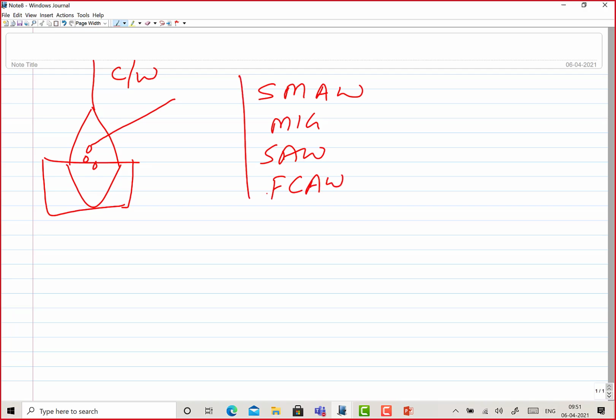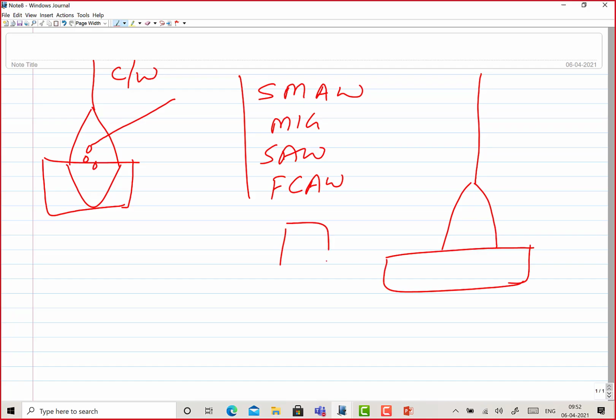In all these welding processes, the electrode strikes the arc between the base metal and the electrode, say negative and positive. The heat generated melts the electrode continuously, leading to the transfer of the molten metal continuously from the electrode to the weld pool.